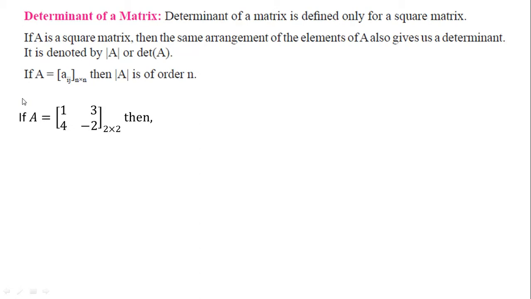If a 2 by 2 square matrix is given to you like this, 1 3, 4 minus 2, and you want to find its determinant, see the procedure here. You can write determinant of A like this, or symbolically like this. Now what is the procedure to get the determinant of a 2 by 2 matrix? We multiply these two elements, 1 into minus 2.